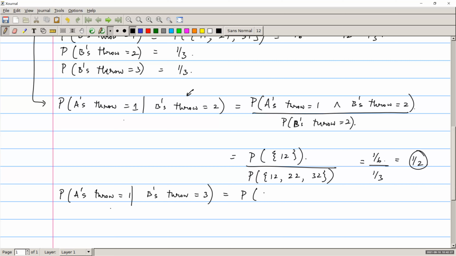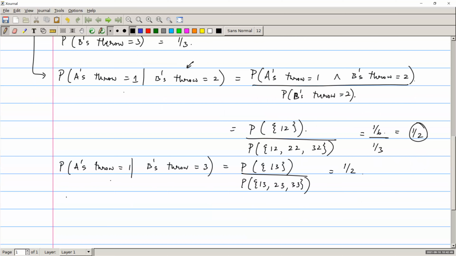This will be the probability of the set (1,3) divided by the probability of the set (1,3), (2,3), (3,3), and this will be 1/2 as well. Very good. Now what is the probability A's throw equals 1 given B's throw equals 2? Somebody else?